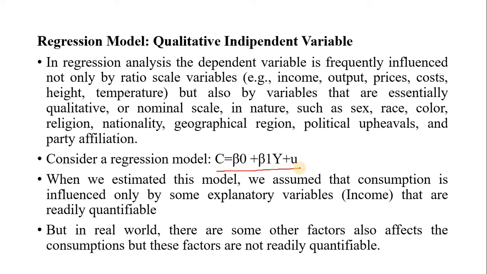Consumption depends on our absolute disposable income. We have estimated this model, and when we estimate this model, we assume that consumption is only influenced by income, and this income is a readily quantifiable variable.